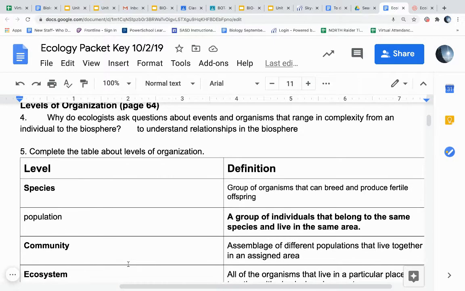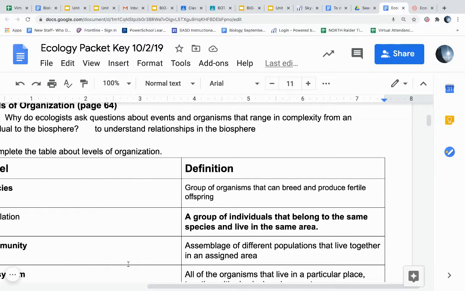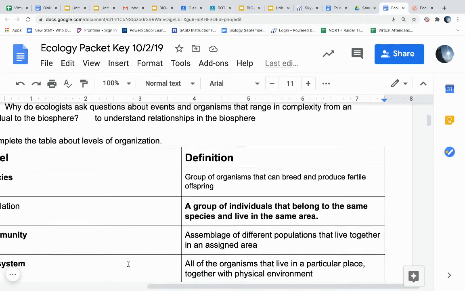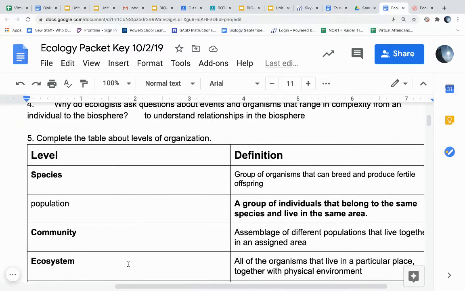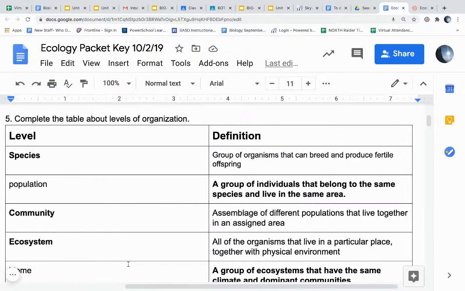An ecosystem, all of the organisms that live in a particular place together with our physical environment. So we could say Yellowstone National Park, factoring in our physical abiotic features like the geysers, like our mountains, like our weather patterns, like snow, so on and so forth. Biome is that kind of, it's larger than an ecosystem, but smaller than the biosphere.